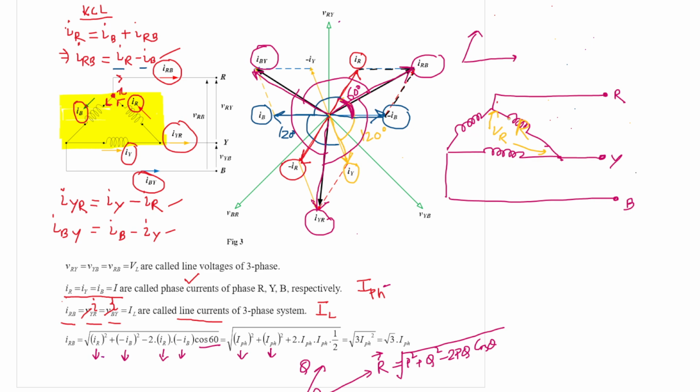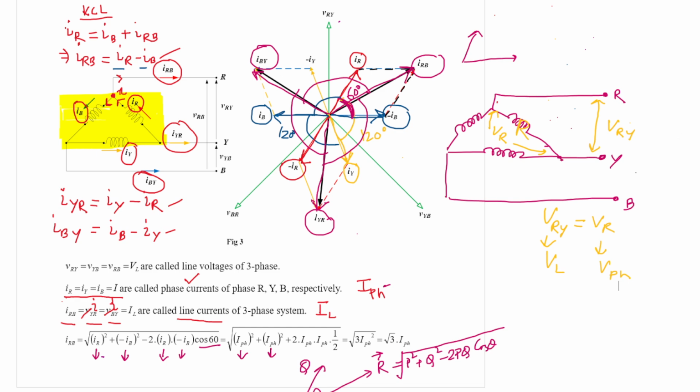Now you see the voltage appearing between R and Y, VRY. From the diagram itself it is quite clear that VRY is equal to VR, because they are connected in such a fashion that it appears as a parallel connection. So that is why this VR becomes VRY. VRY stands for line voltage and VR stands for phase voltage.